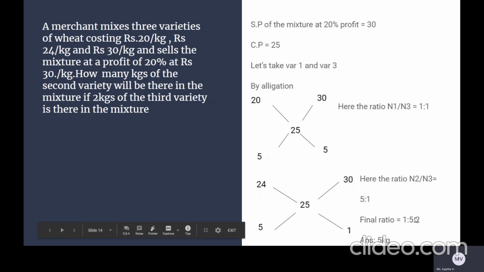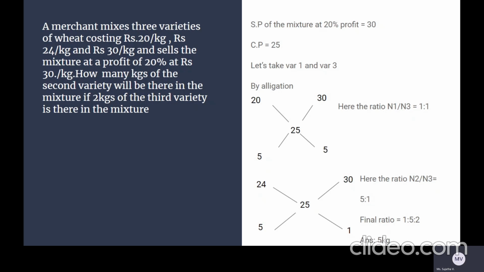Since there are 5 parts of the second variety, its weight is 5 kg. So this is how you do it when you're mixing three varieties and trying to find the quantity using alligation. That is another kind of problem.